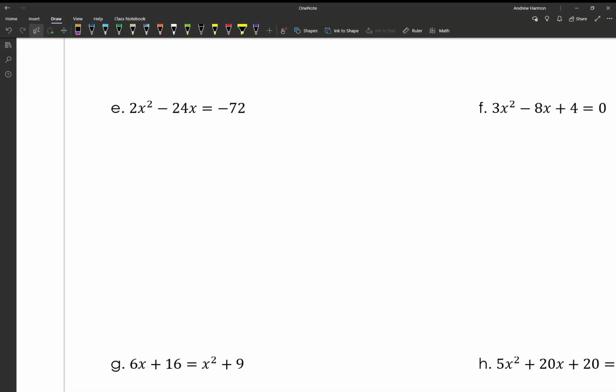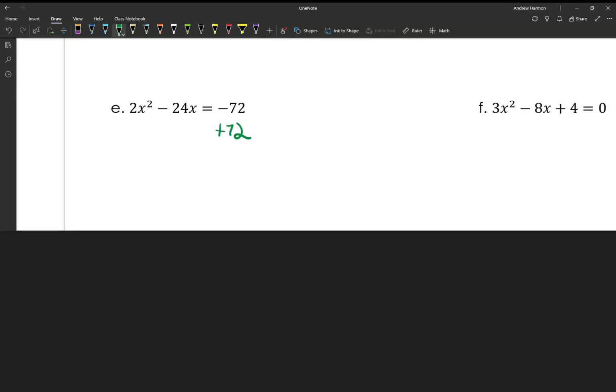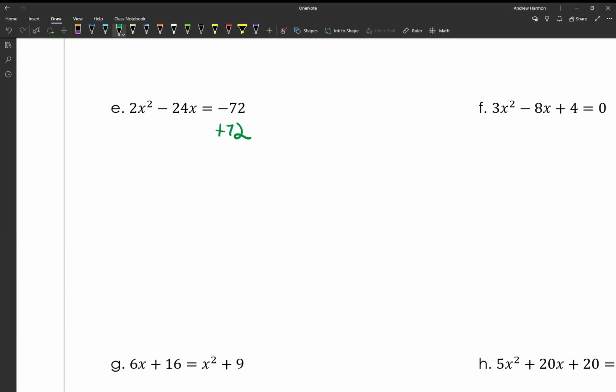So what we're going to do is add 72 to both sides to make it equal to 0 on the one side. So we end up with 2x squared minus 24x plus 72 equals 0. So now we can start to factor since the one side is equal to 0.